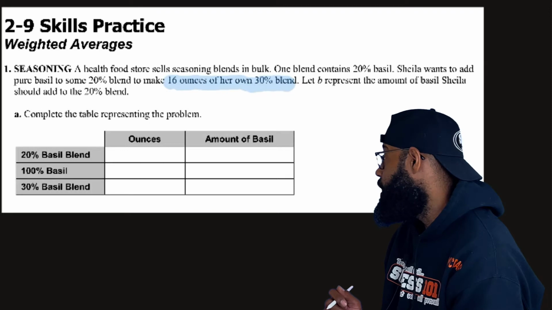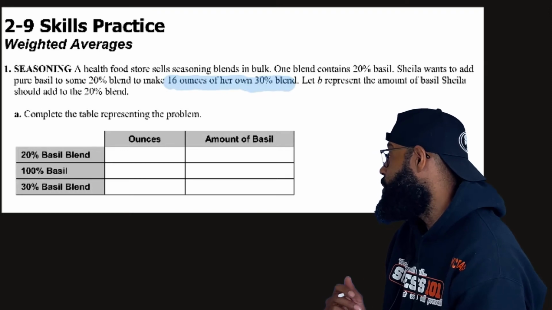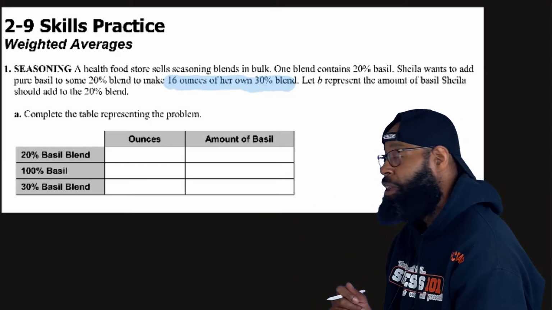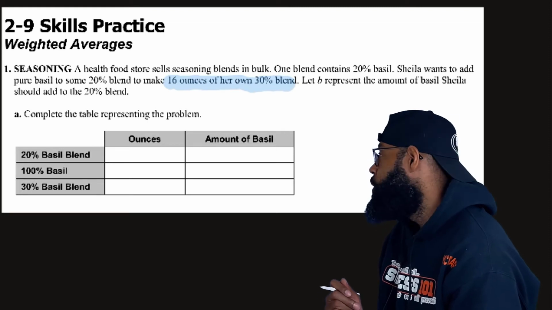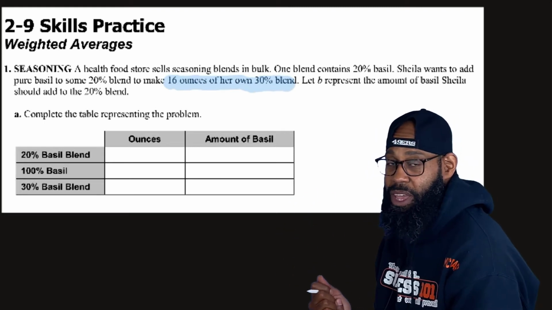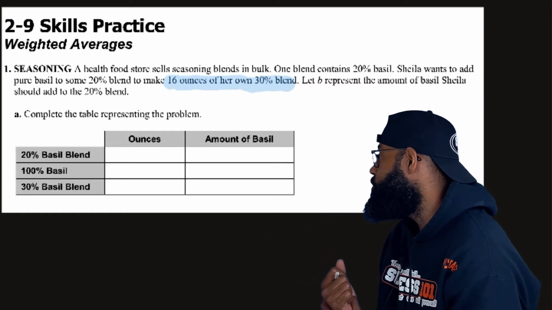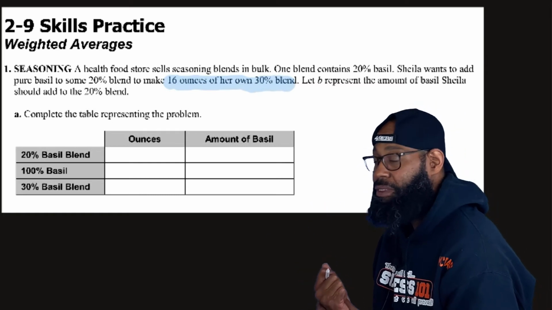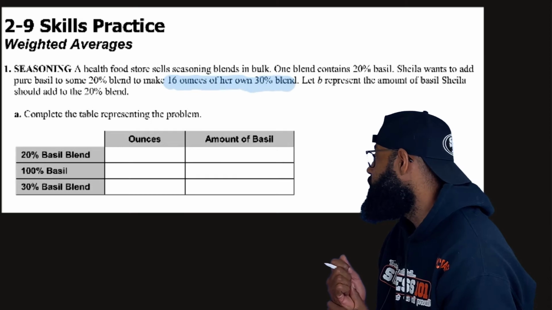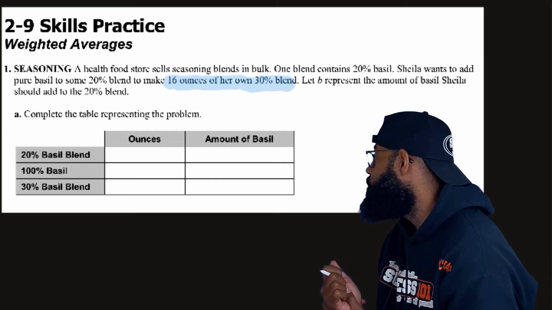All right. So right now it says 16 ounces. Would I put that for 20% basil blend? No. Would I put that for 100% basil? No. Would I put that for the 30% basil blend? Yes. Because it says 16 ounces of her own 30% blend.